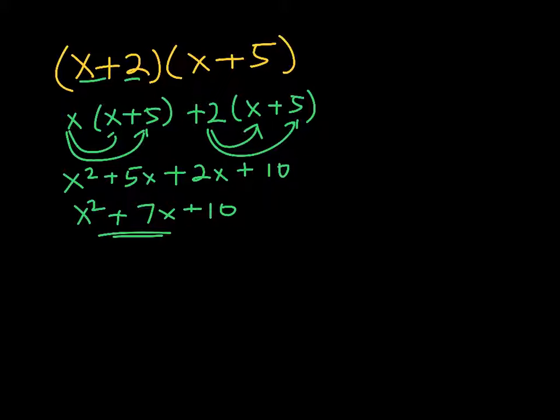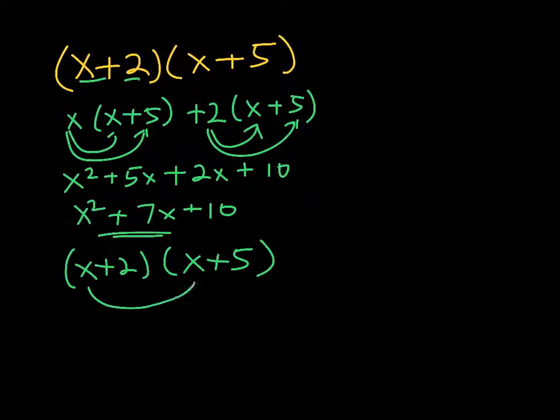The second method is where you have to write (x + 2)(x + 5). So you distribute one term to the two terms in the other bracket, and then you distribute the second term to the two terms in the other bracket.